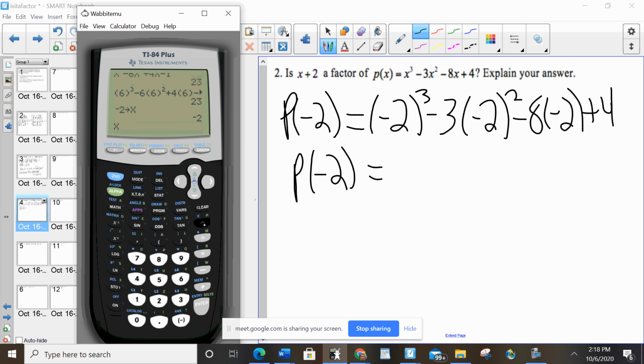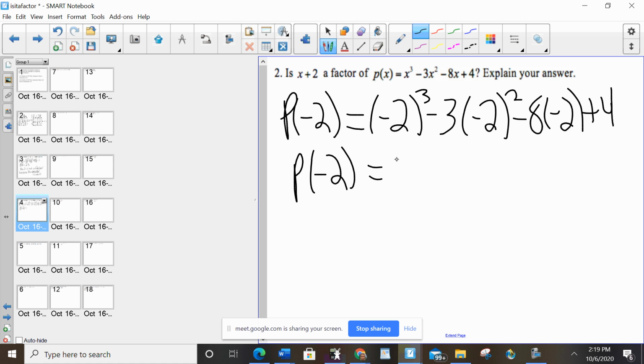I'm doing it with storing. I got 0. So if the remainder is 0, that means that it divides evenly.